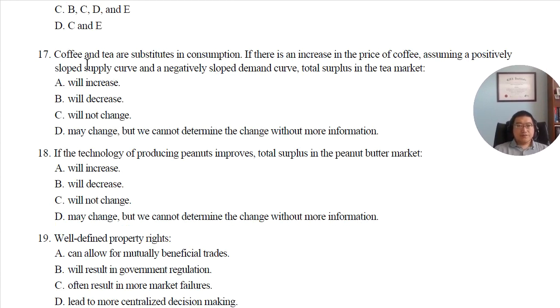We're looking at coffee and tea, which are substitutes in consumption. If there's an increase in the price of coffee, assuming a positively sloped supply curve and a negatively sloped demand curve, what happens to total surplus in the tea market? So the price of coffee changes. What about the tea market?